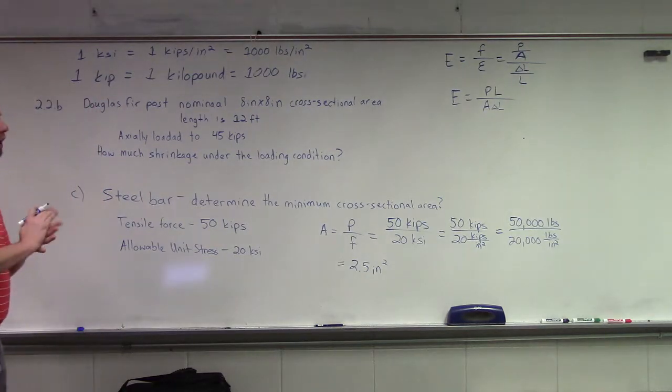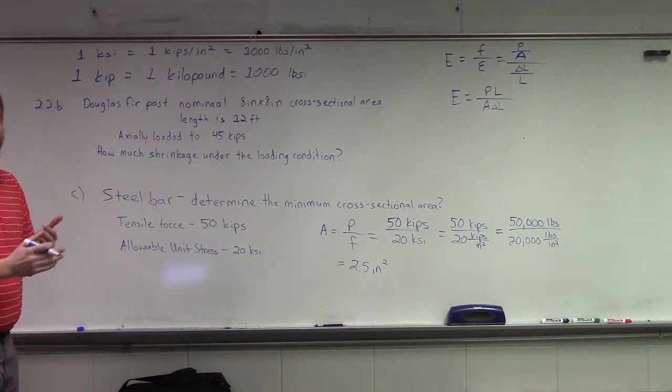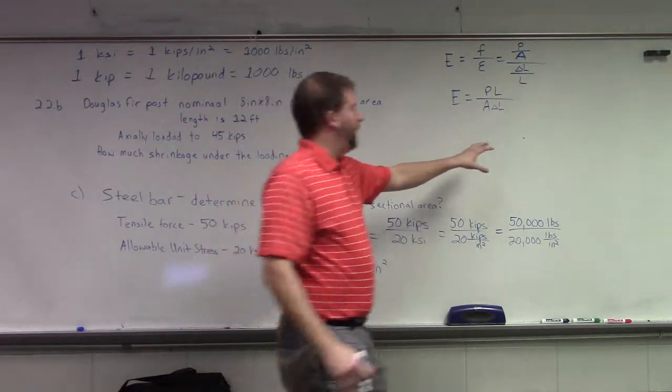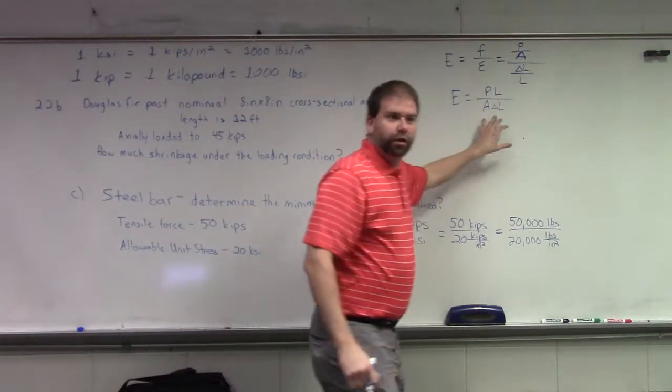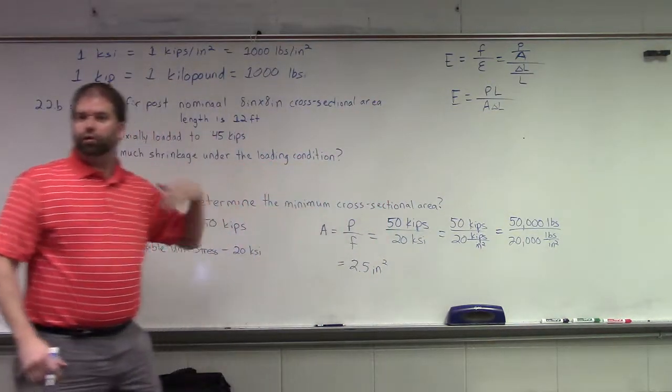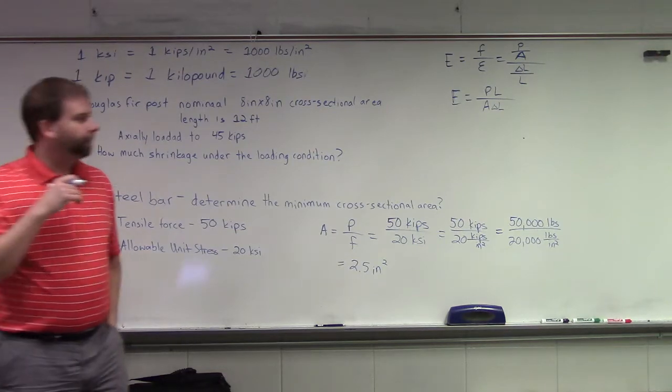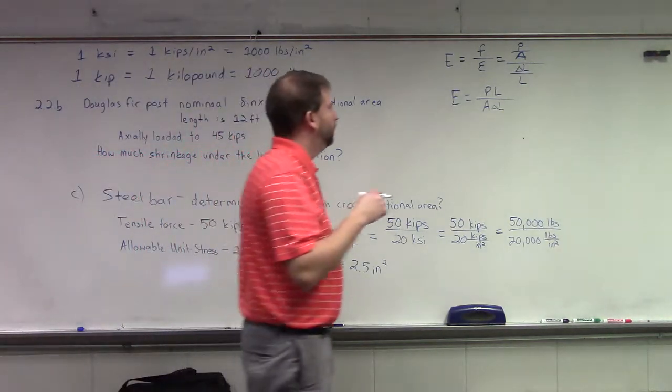So, what are we trying to solve for in this particular problem? We're trying to solve for our delta L, right? Okay? So, how would you go about isolating delta L to make your calculations easier? This is pounds per square inch.